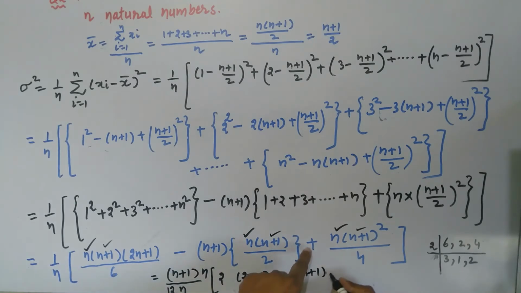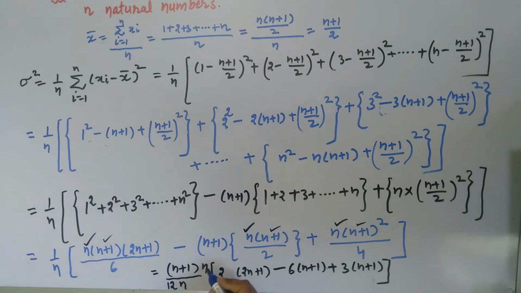Lastly, we are left with 4 is there, 4 into 3, 12. So 3 into n plus 1. Now this n cancels with this n. So what is the next answer now?